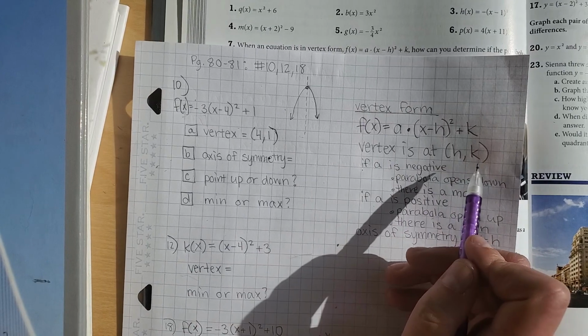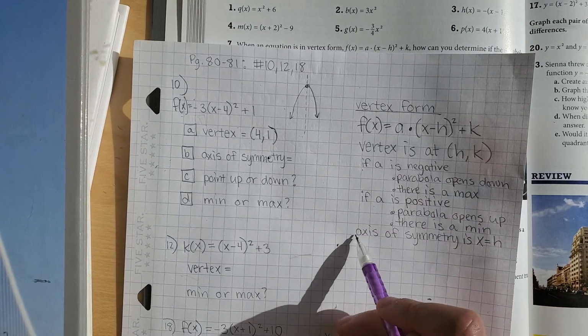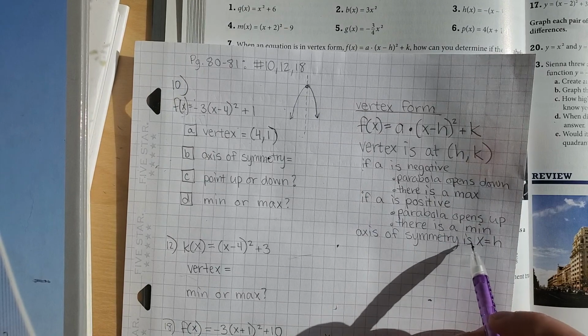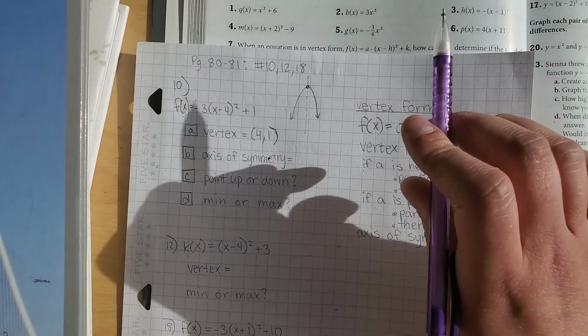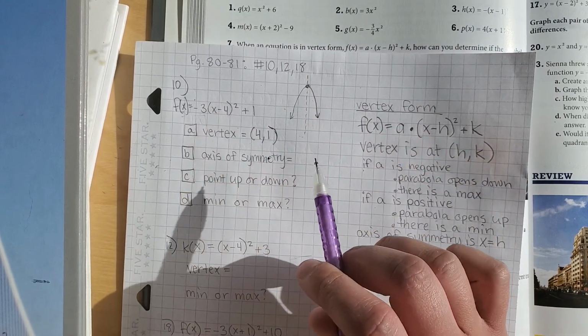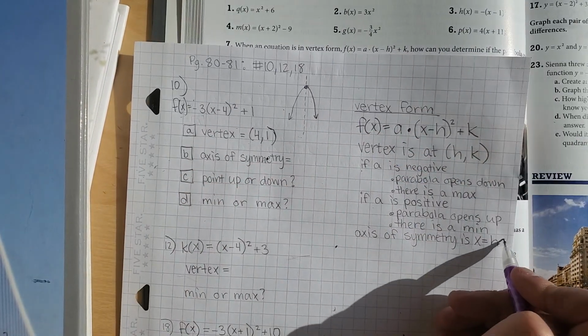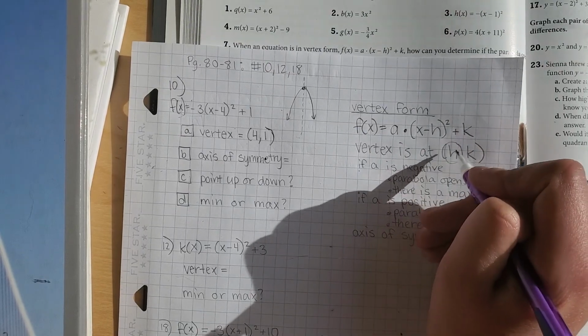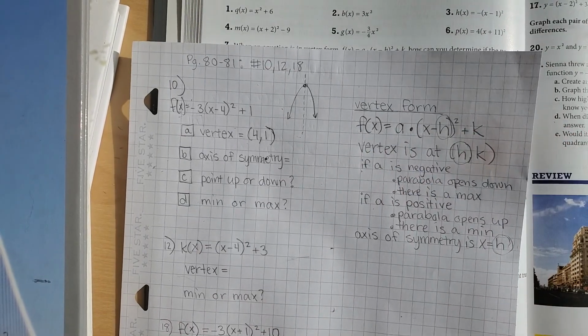This should be in your notes too: the axis of symmetry will just be the straight up and down line, x equals. Remember, up and down lines are just x equals some number. And the number that it equals is going to be the h from your vertex.